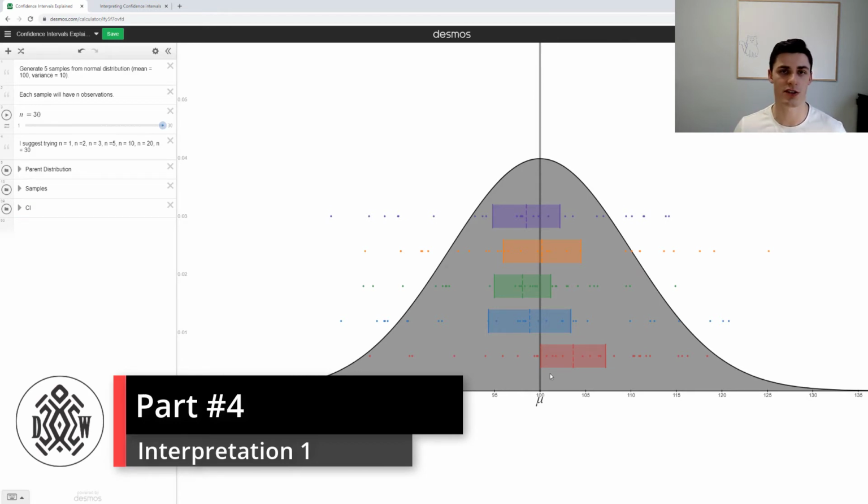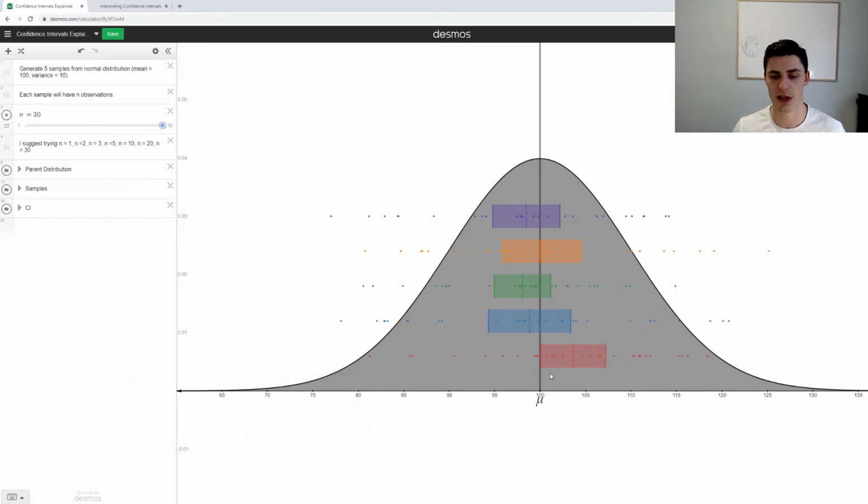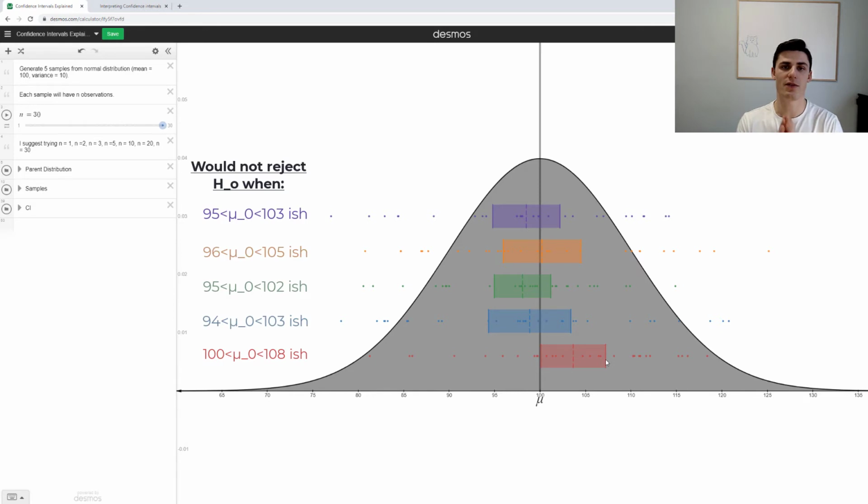Okay, so now let's move on into the second part of the video where we explain 2 different interpretations for the confidence intervals. So this red interval here goes from about 100 to 107, 108-ish. That would mean that if your null hypothesis is between 100 and 108, you would not reject the null hypothesis.